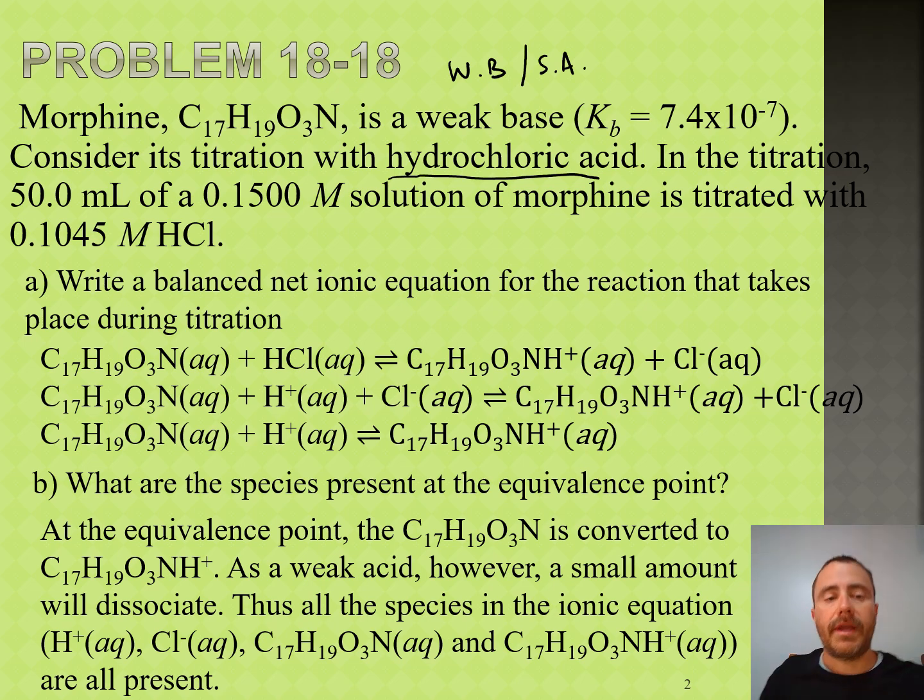Part A wants us to write the balanced net ionic equation for the reaction that takes place. First off, I wrote the molecular reaction, which is just the reaction there on the top. Then I separated out all of my ions. Then we cancel out any spectator ions, which in this case are the chlorides, and thus we are left with our net ionic equation.